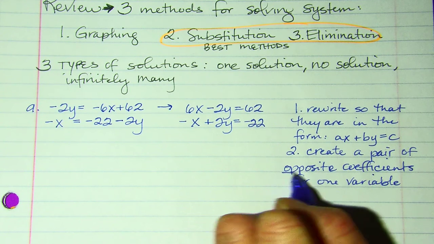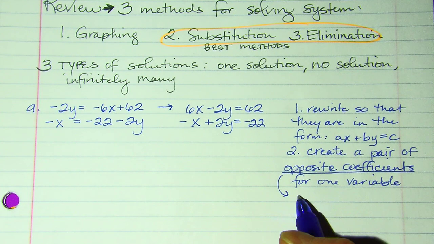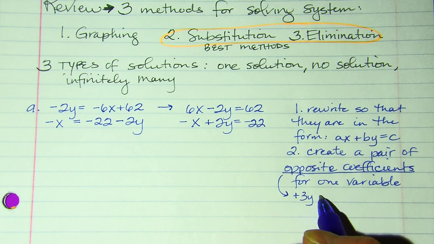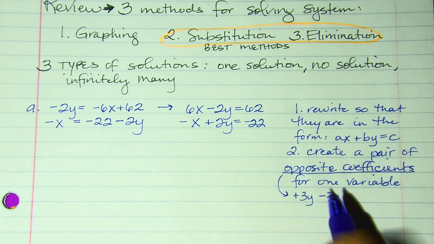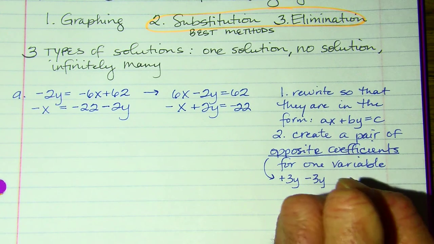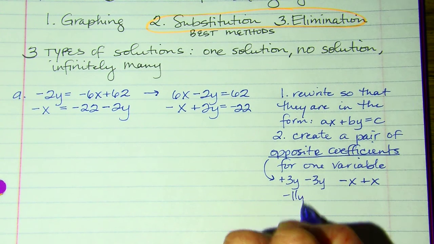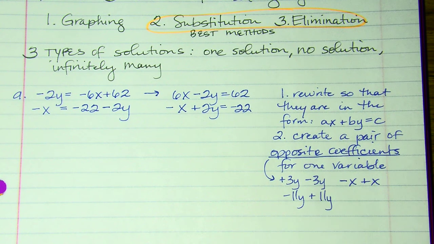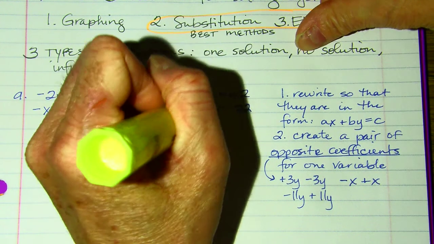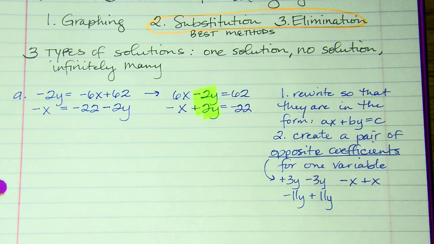Now, opposite coefficients mean like positive 3y and negative 3y, or negative x and positive x, or negative 11y and positive 11y. Notice opposite means same number, different sign. So looking at this equation, I notice that negative 2y and positive 2y are already opposite. So I don't have to do anything for step two because they are already opposite.